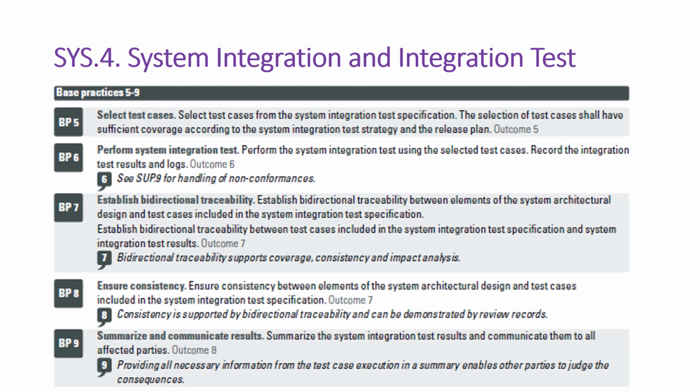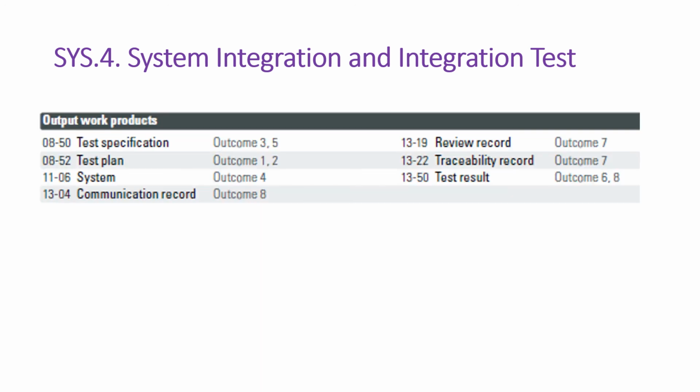And BP9 talks about communication. Communication will happen in terms of email, in terms of minutes of meeting if it is verbally discussed in meetings, or a configuration management tool generated automated email.